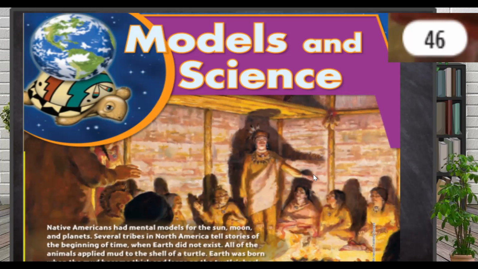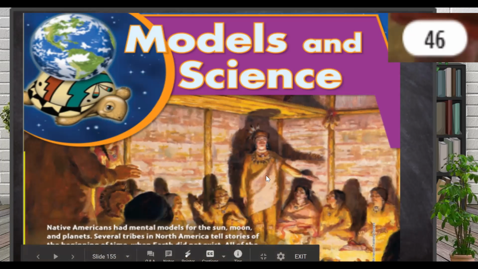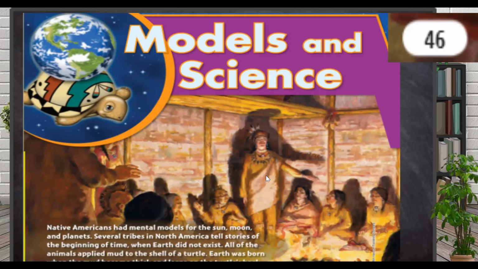Native Americans had mental models for the sun, moon, and planets. Several tribes in North America tell stories of the beginning of time when Earth did not exist. All of the animals applied mud to the shell of a turtle.